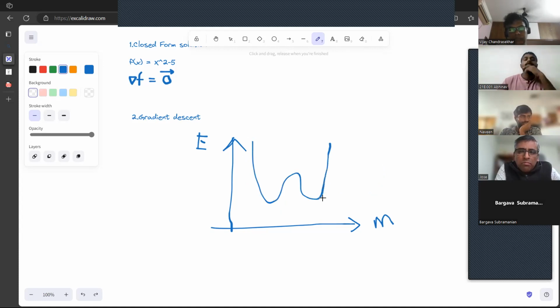So for that, first we have to learn what a gradient vector is. For a given function, the gradient vector is a vector which gives us the direction of the maximum rate at which the function grows. For example, at this point, if we take the gradient vector, it will point us in this direction. So let me use some color.